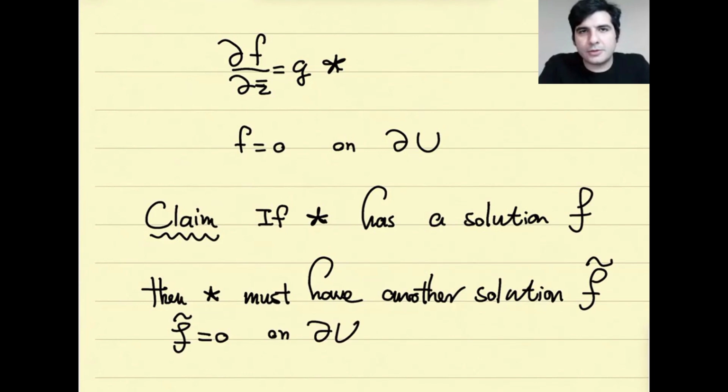So if you find one solution, there must be a solution that vanishes on the boundary. Why does it have to have a solution that vanishes on the boundary?